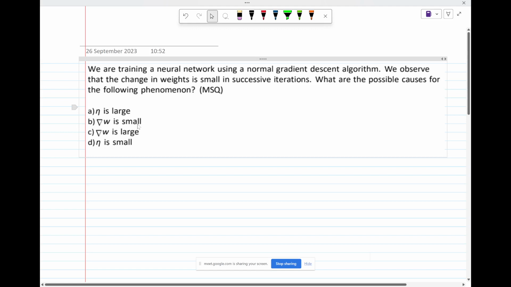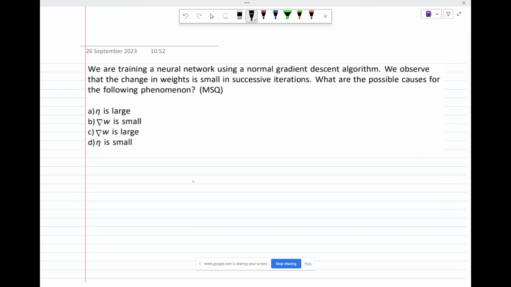What they are saying is you're updating your parameter based on normal gradient descent, which is eta times the gradient. Now they are saying the change in weights, that is wt plus 1 minus wt, is small, close to 0.